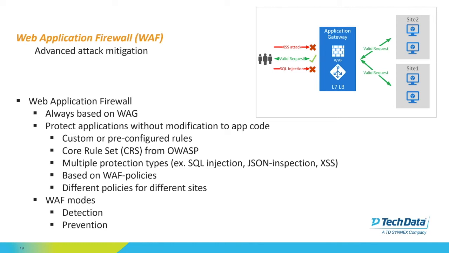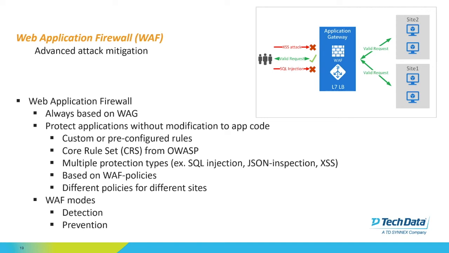If you have a multi-tiered application with a backend with SQL, you can utilize inspection for SQL injections, cross-site scripting and whatnot. But perhaps you have a web-only machine, then maybe SQL injection isn't that interesting. So you can have these different rules running on it.